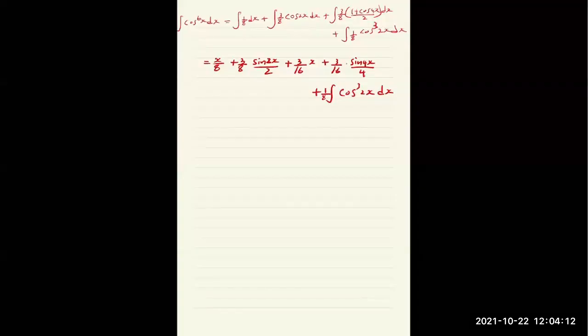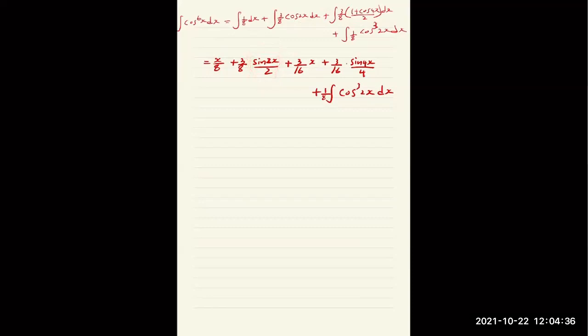I copied the previous integral to a new page. As you can see, you can find the first three integrals. The integral of the first is x/8. For the next, you pull the 3/8 out, and the integral of cosine 2x is sine 2x divided by 2.